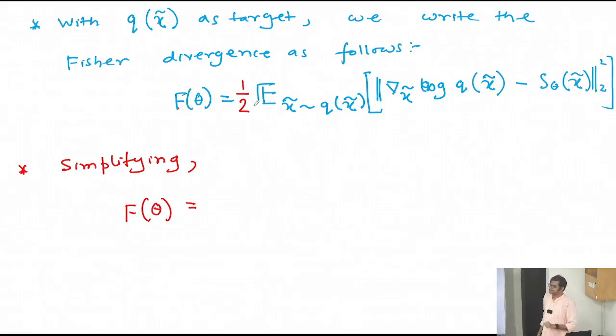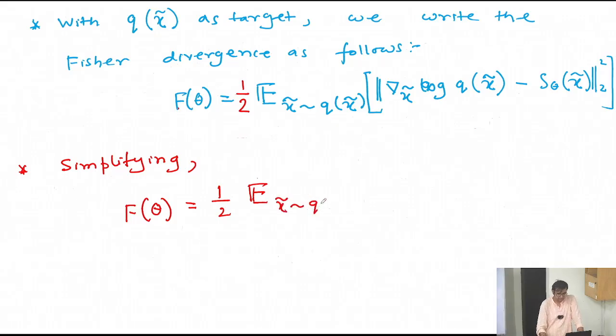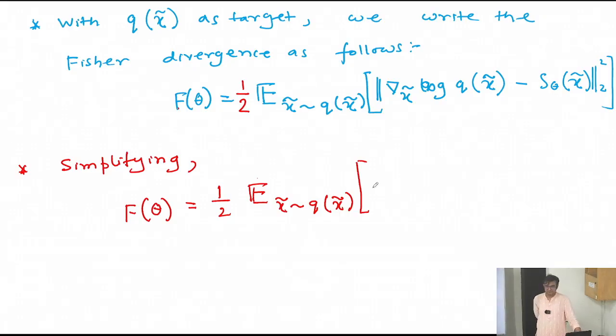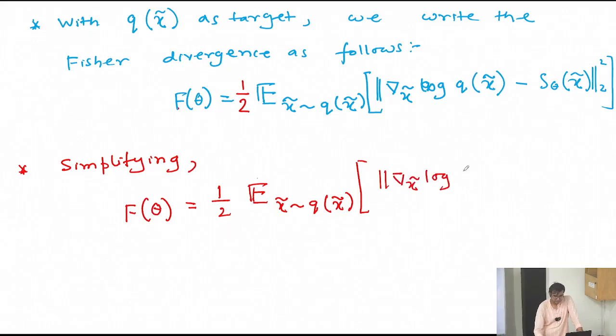Okay. So f of theta. Inside there is a norm, right? That is like a square. If I open it, what will I get? Half. Expectation I'll keep as it is for now. X tilde. Tell me, what will be the first term there? Norm of gradient of log q of x tilde. What is the role of this term?